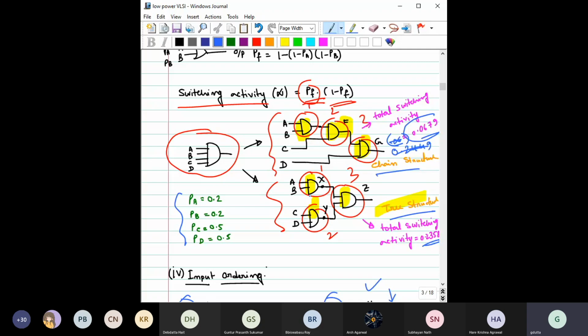But can I make a general conclusion that for tree structure the switching activity would always be higher? The answer is no, because this depends on the values of PA and PB. If you change the values of PA and PB, then probably for this you could get a lower alpha compared to this.